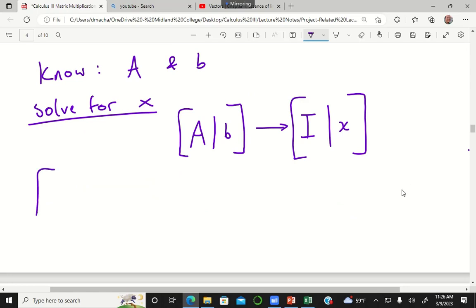This notation right here, where I use the square brackets and then a vertical bar, is a matrix augmented with a vector. The vertical bar means augmented with.